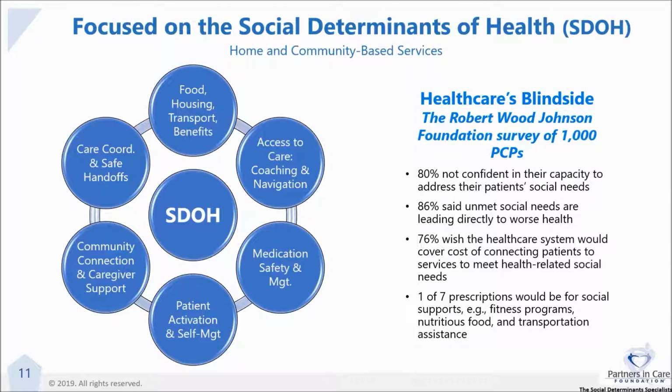What came out of that survey was that primary care physicians were really concerned about social determinants of health and how those were affecting the people they were taking care of. 80% said they weren't confident in their capacity to address their patients' social needs. 86% said that unmet social needs were leading directly to worse health for their patients. 76% wished that the healthcare system would cover the cost of connecting patients to services to meet health-related social needs.